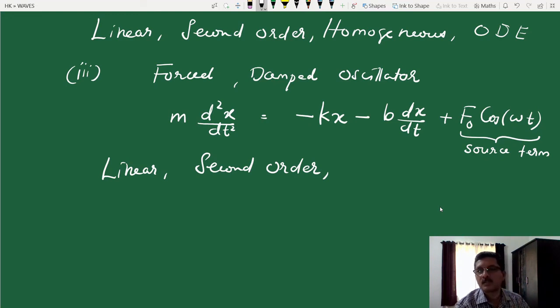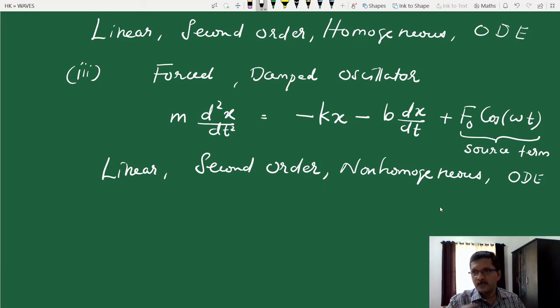So when such a source term which doesn't contain the unknown function is there, it's a non-homogeneous differential equation. So this is non-homogeneous. Okay, and it's an ordinary differential equation, not a partial differential equation.